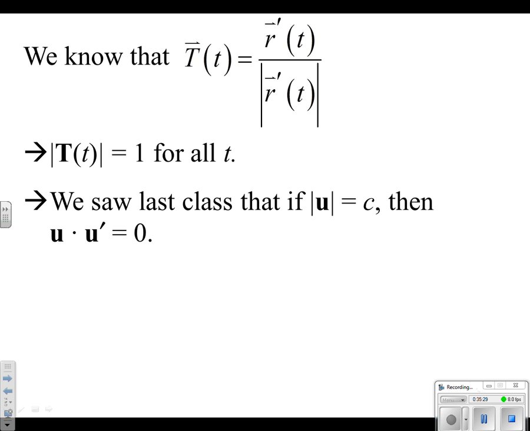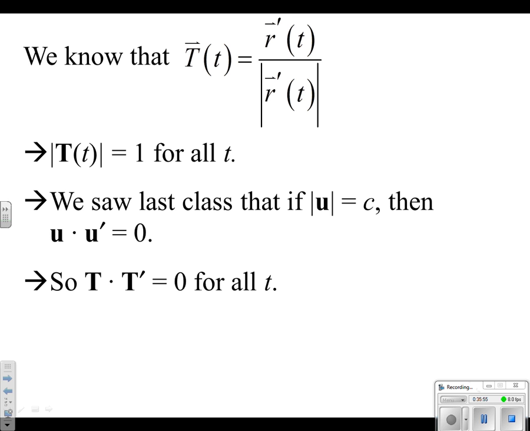This was a result of the product rule for the dot product. So we saw that if the magnitude of a vector function is constant, then that vector dotted with its derivative is 0. Well, what this tells me is that T dotted with T prime is equal to 0 everywhere, always.